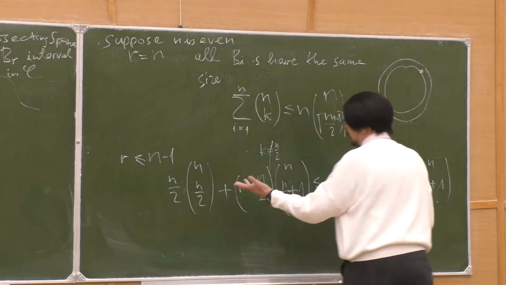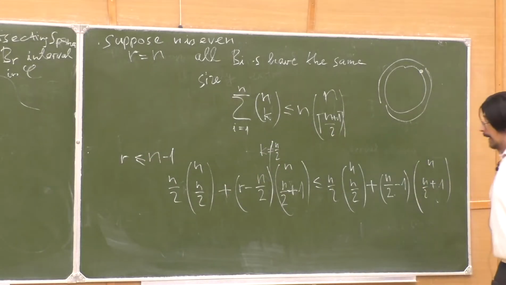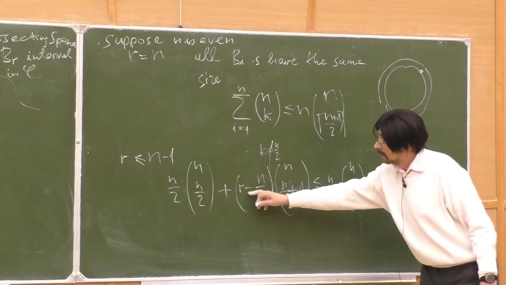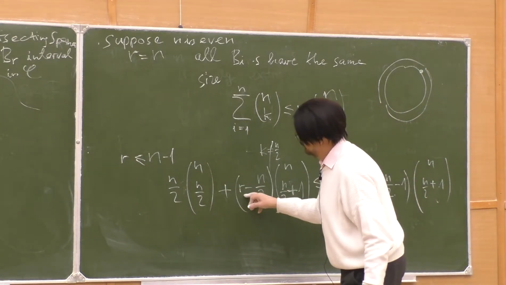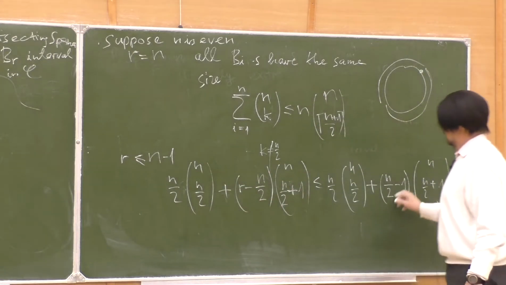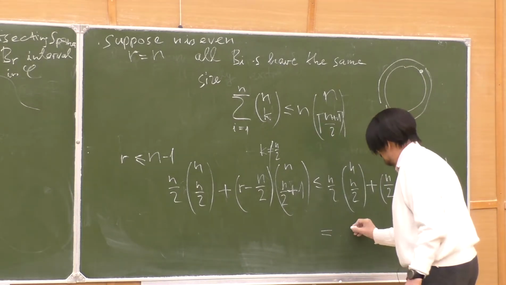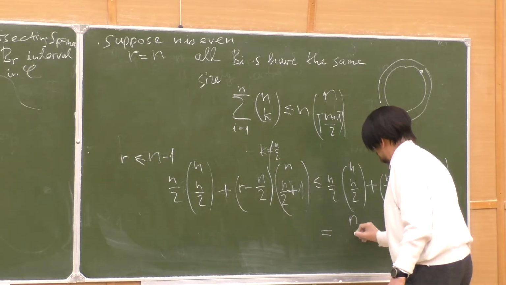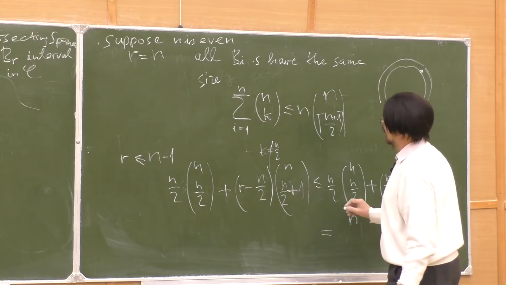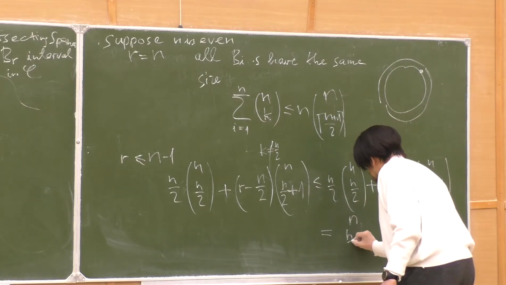So the largest value is n-1 minus n half, and it's an easy calculation that this is n.